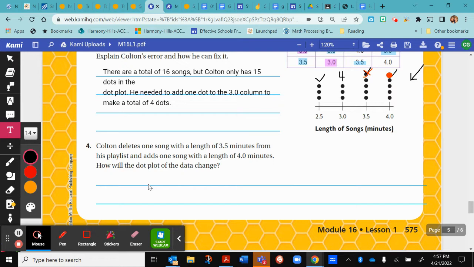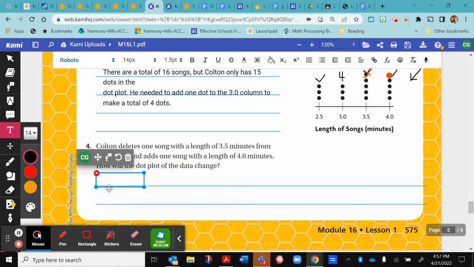Okay, so what happened? How will the dot plot of the data change? Well, the 3 5/10, or the 3.5, will not be the time for the most songs. So before, the songs that he had, the most was 3.5 minutes, because that had 5. Now there's only 4. Which one has the most now? Yep, that's right, the one with the 4 minutes. So I'm going to go ahead and type that.